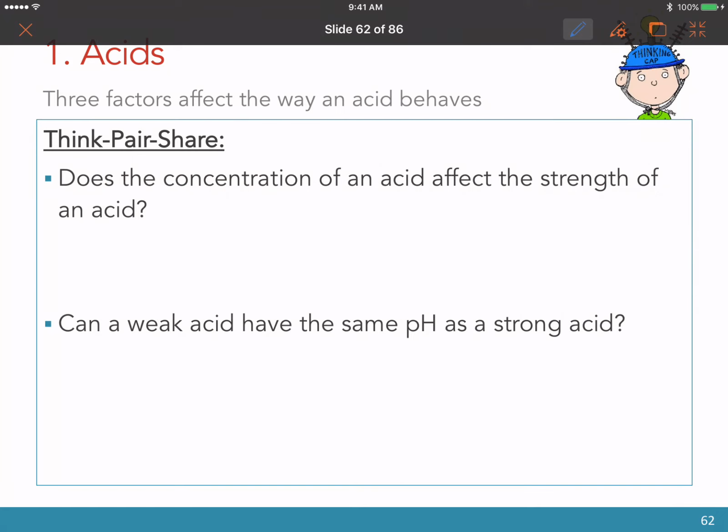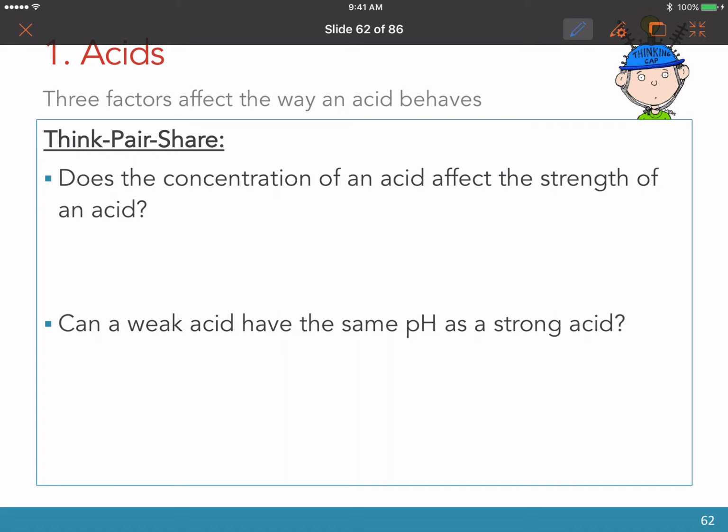Okay, 3 factors that affect the way an acid behaves. Can you think about it? Do you think that the concentration of an acid will affect the strength of an acid? And can a weak acid have the same pH as a strong acid? Think about these two statements. Write down your stand first before I reveal the answer.